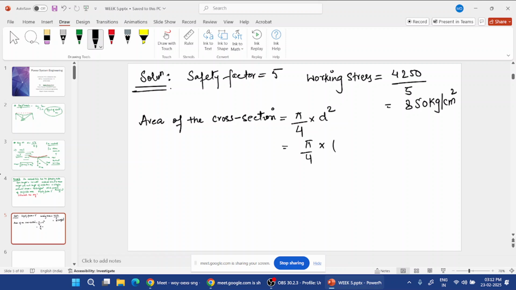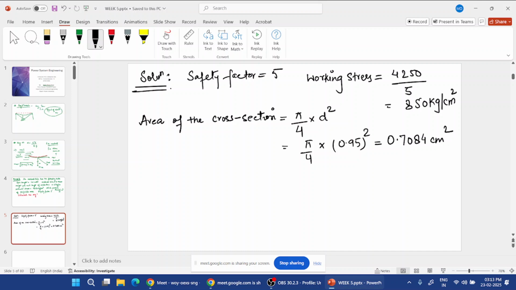D is 0.95. 0.95 whole square is equal to, so if we solve it, it will come out to be 0.7084 centimeter square.